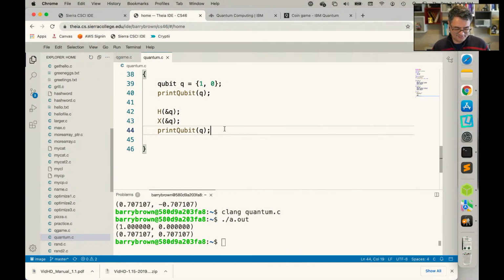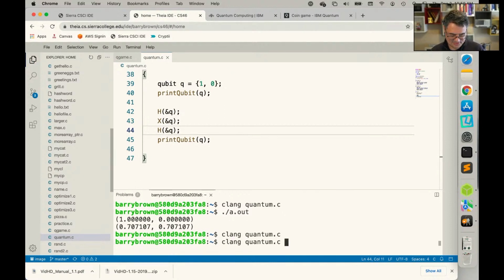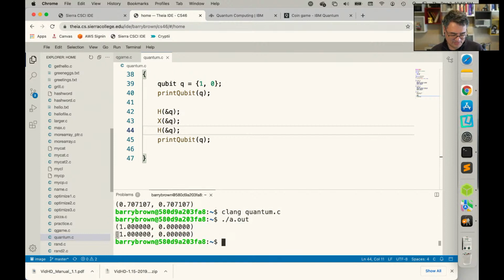It is cheating a little bit there. So we can do this X operation as many times as we want, and it won't change its value until we finally put it back. So we started out in the 0 position, and we ended up back in the 0 position.